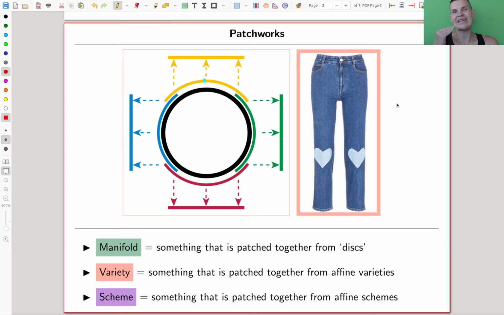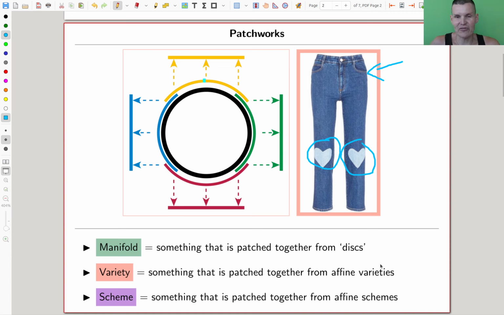So one of the key definitions that you will at one point see in your mathematical life, maybe even in your life in physics, is the manifold. I don't think I have seen manifolds anywhere outside of physics or mathematics. I might be wrong. Correct me if you've seen them somewhere else. But anyway, a manifold is essentially something that is patched together from patches. Like the manifold would be a pair of pants, and the patches are the patches on the pair of pants.